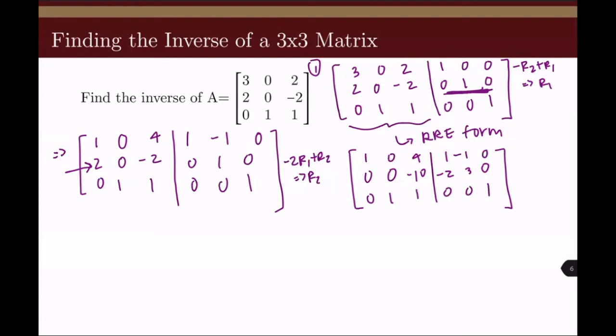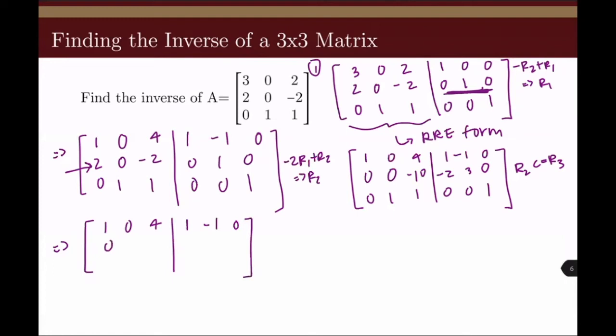All right, so what I want to do next is switch row 2 with row 3. Since I have this really nice 1 here, I actually want that to be in the second row. So that means I'm going to have, so let's see, we'll have 1, 0, 4, augmented with 1, negative 1, 0.